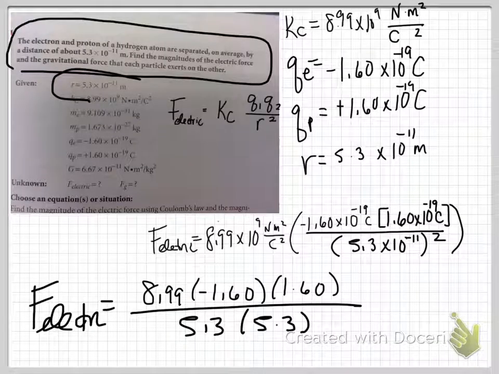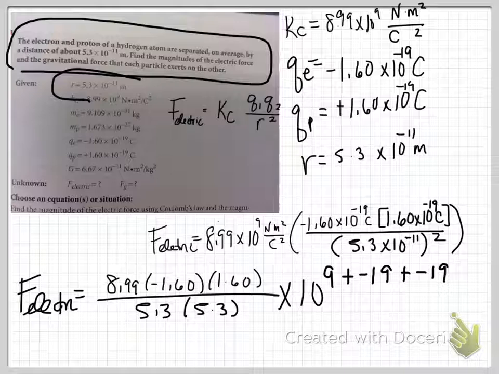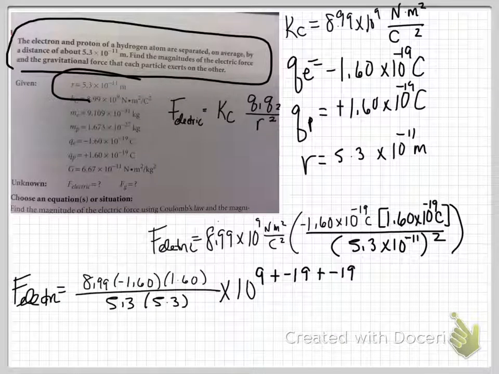We have 8.99 times negative 1.60 times 1.6 divided by 5.3 times 5.3, that whole bloody mess, times 10 to the 9 plus negative 19 plus negative 19, minus negative 11 minus negative 11.